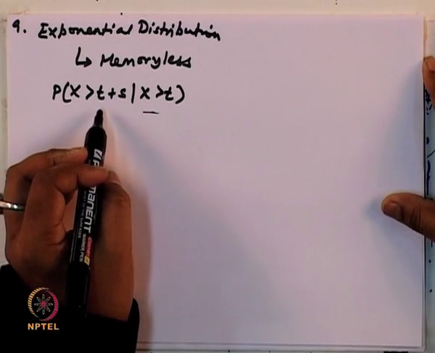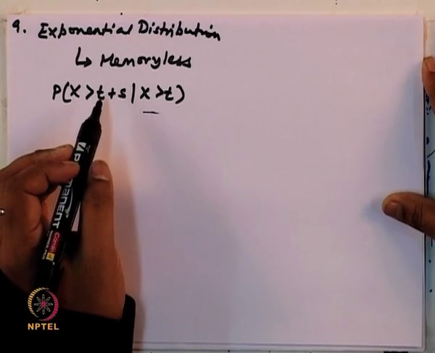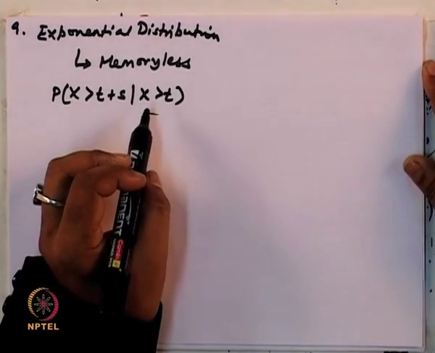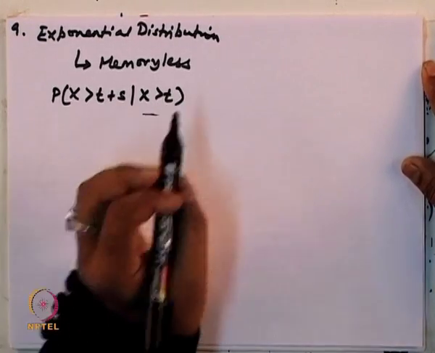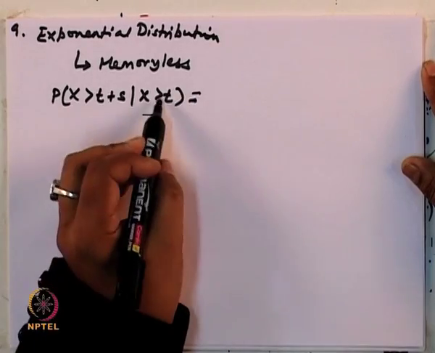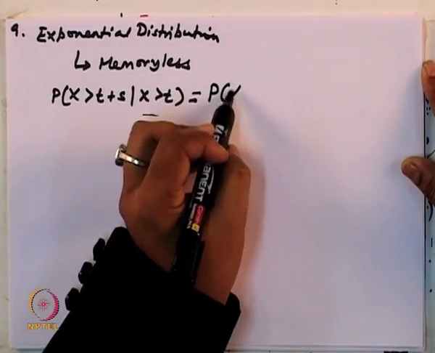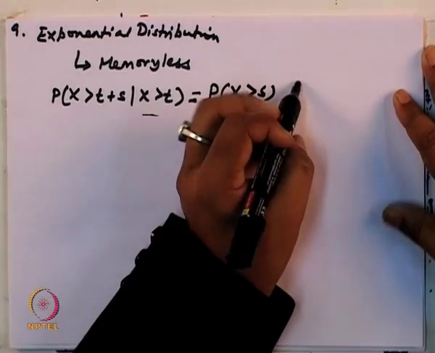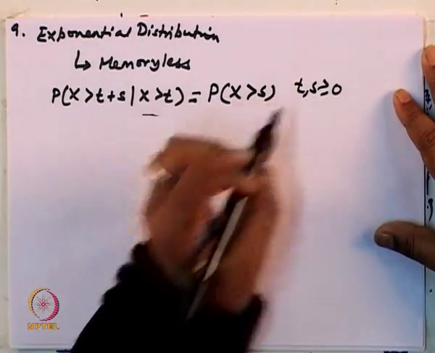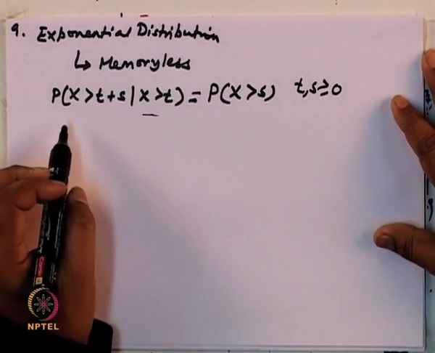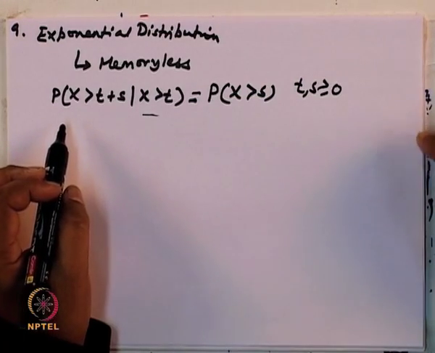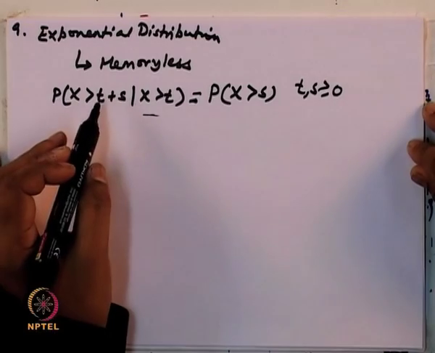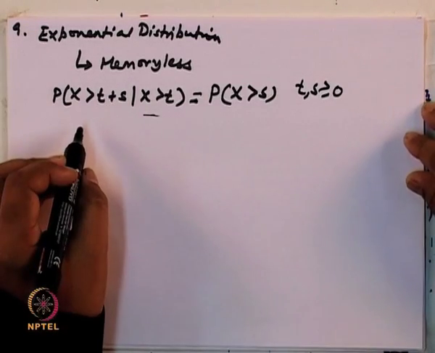What is the probability it will last for another s amount of time? One would ideally expect this to depend on t, but this does not depend on t, and this is simply the probability of X greater than s. So, this is the memoryless property, true for t, s greater or equal to 0. This is the memoryless property of an exponential distribution, and we will see why this is so.